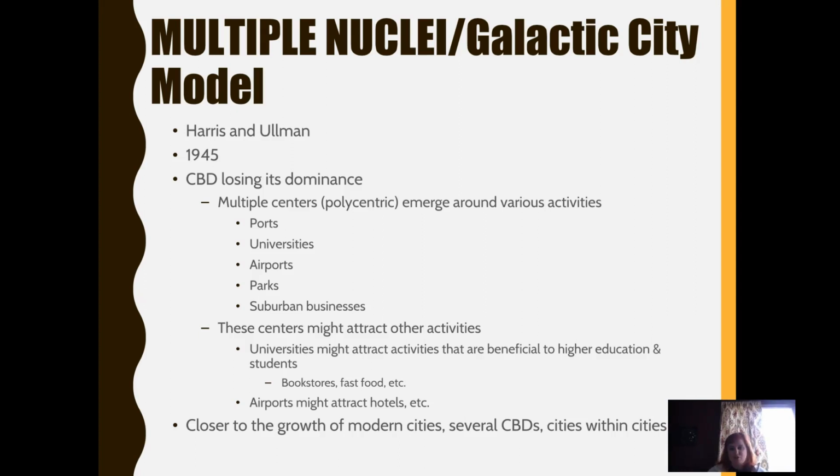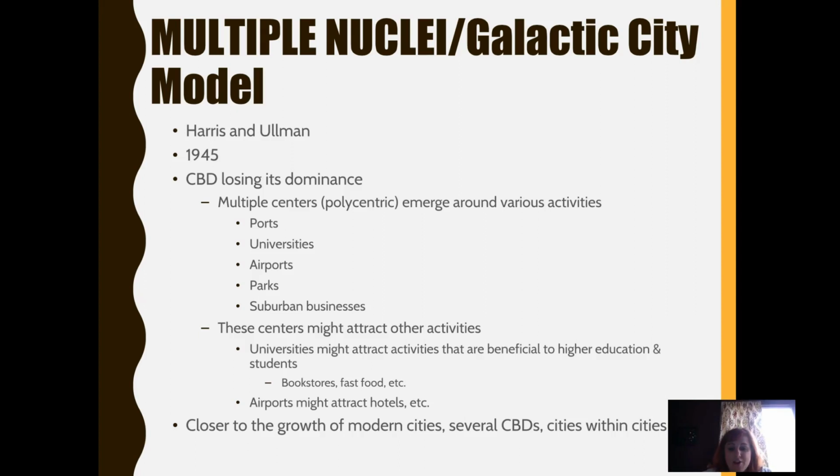So they're polycentric. And so there's activities that emerge around those multiple CBDs instead of just having the one. This is because there's ports. Universities can often serve as little CBDs, airports, parks, suburban businesses. So there's these little clusters of things that draw people around them, right?